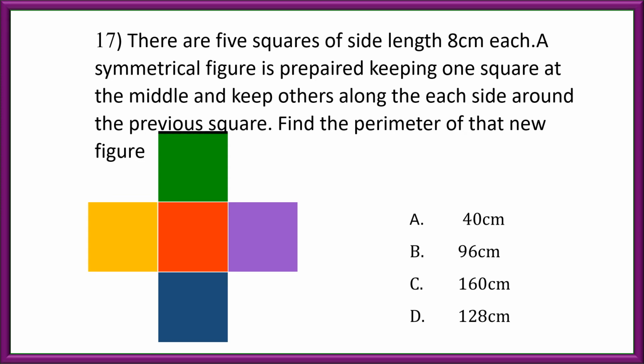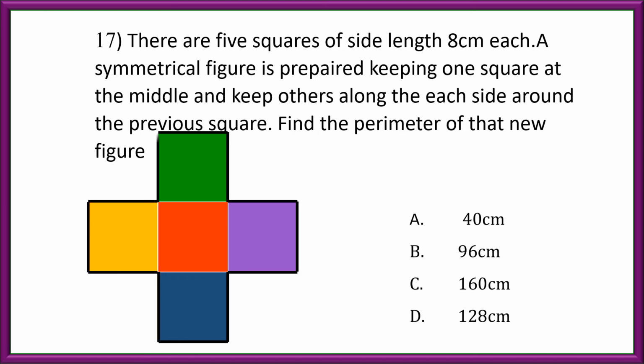Now you can see the perimeter consists of 12 equal straight line segments. Length of one part is 8 centimeters. So let's multiply 8 centimeters by 12. Then we can obtain the perimeter of that new figure. That is 96 centimeters.